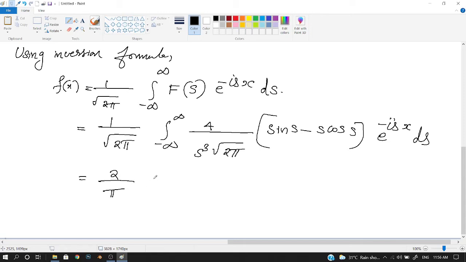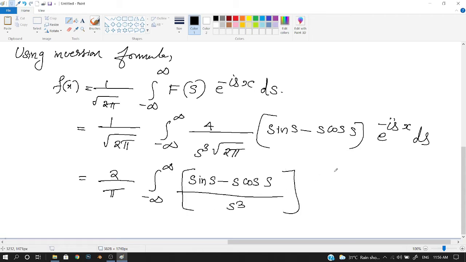So 2 by pi integral from minus infinity to infinity, then sin s minus s cos s divided by s cube, then e raised to minus i theta means cos theta minus i sin theta into ds. Now you can split this integral into two.